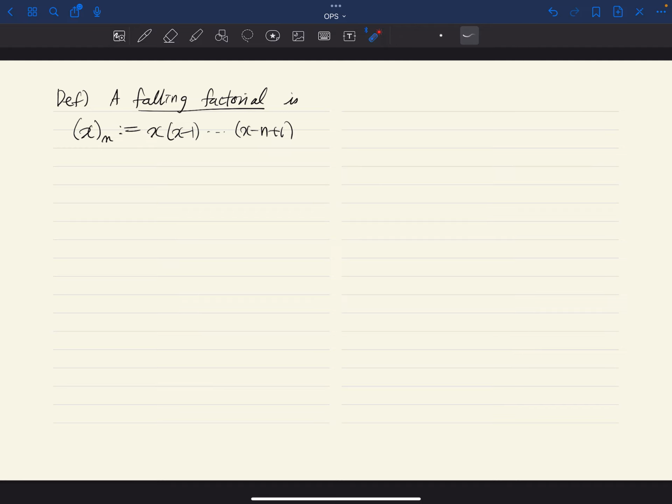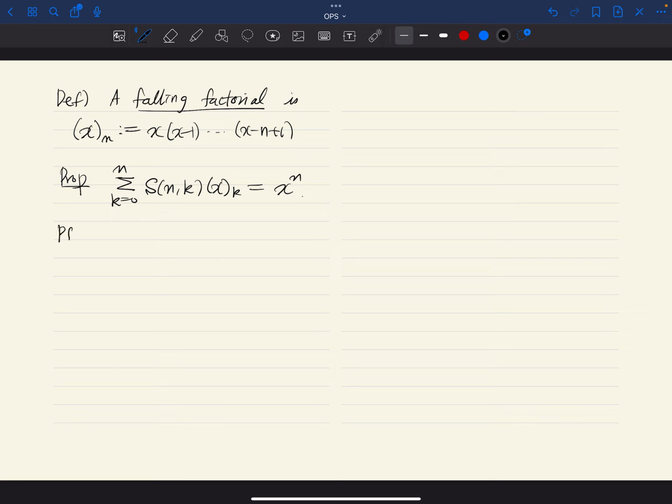It's falling factorial because it's decreasing. There's also a rising factorial, but we don't need it, so we only use the falling factorial. And there's a nice formula like this: sum over k from 0 to n of S(n,k) times the falling factorial x sub k equals x to the n, as an identity as a polynomial in x.